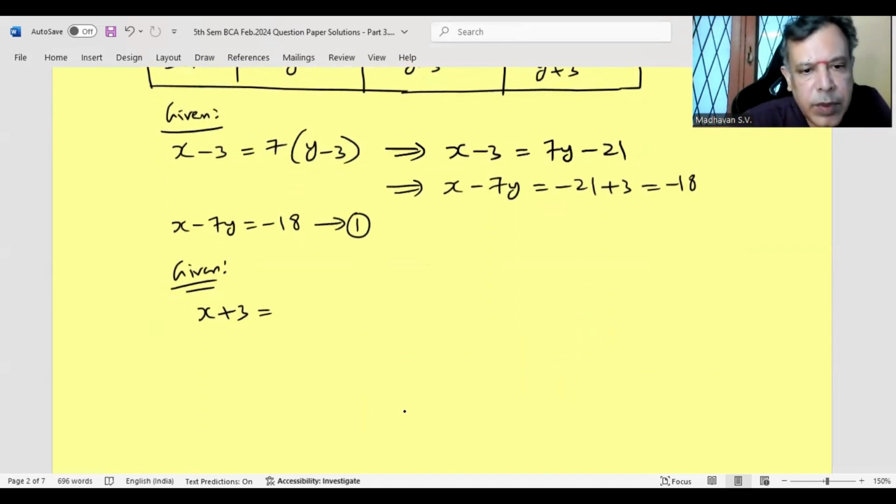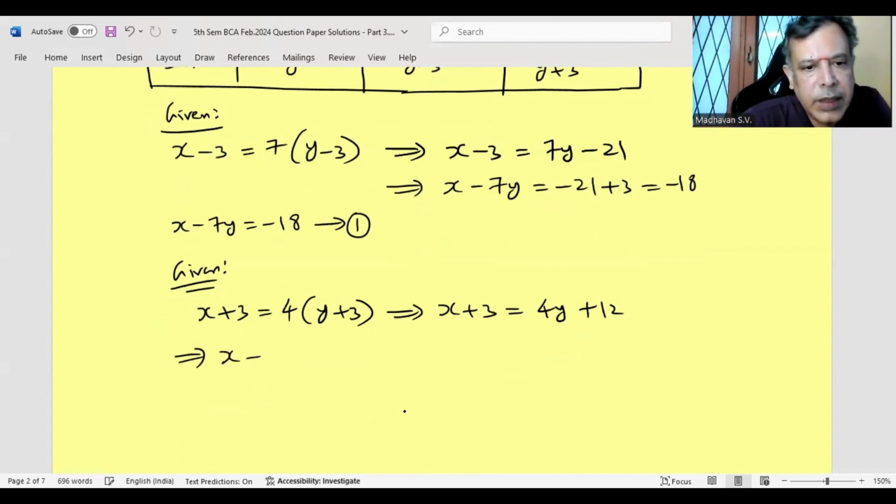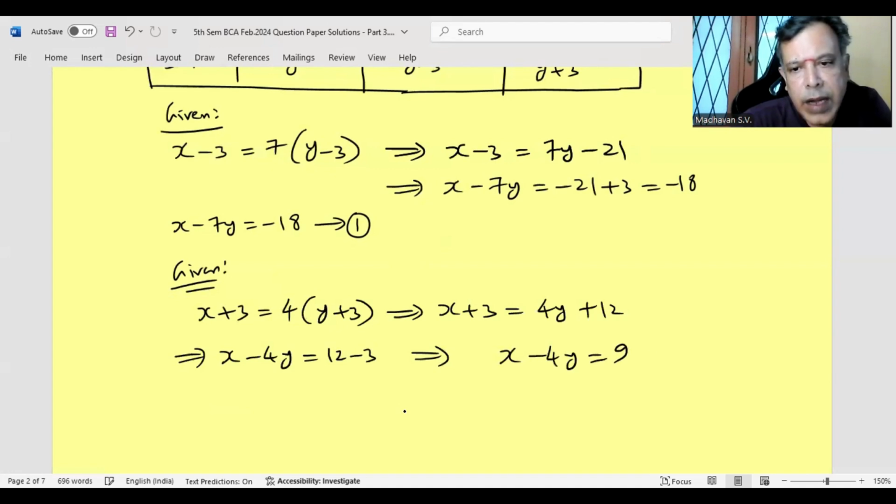So 4 times Y plus 3. That means X plus 3 is equal to 4Y plus 12. That means it will become X minus 4Y is equal to 12 minus 3. That can be simplified as X minus 4Y equal to 9. That is our second equation.